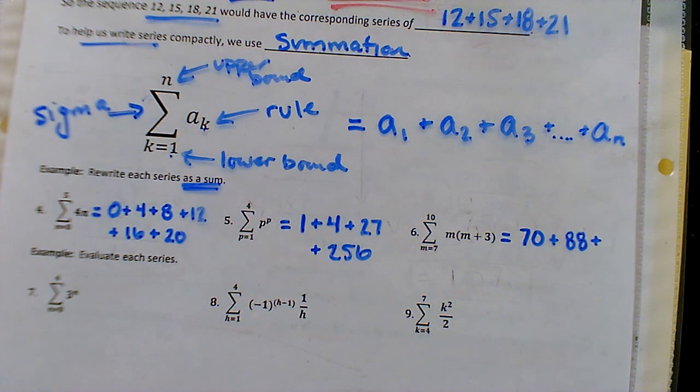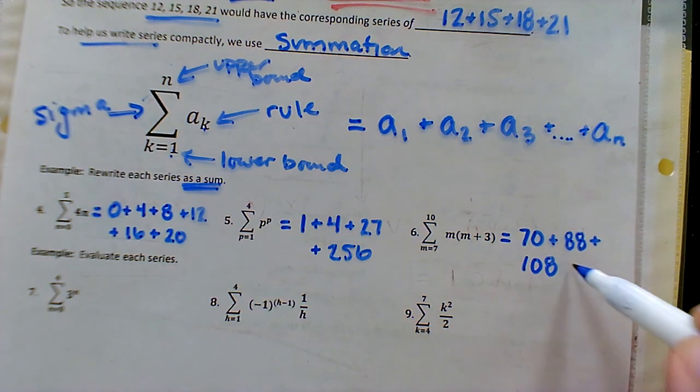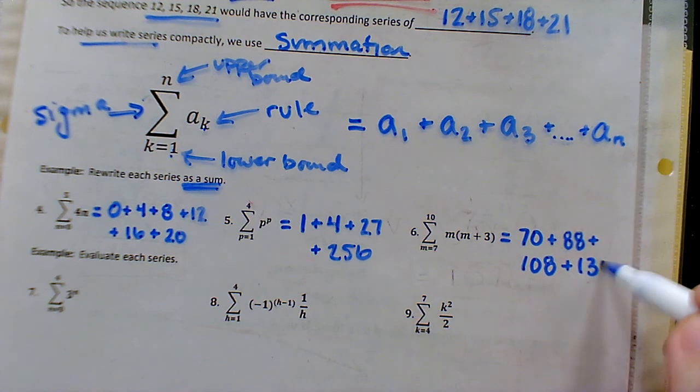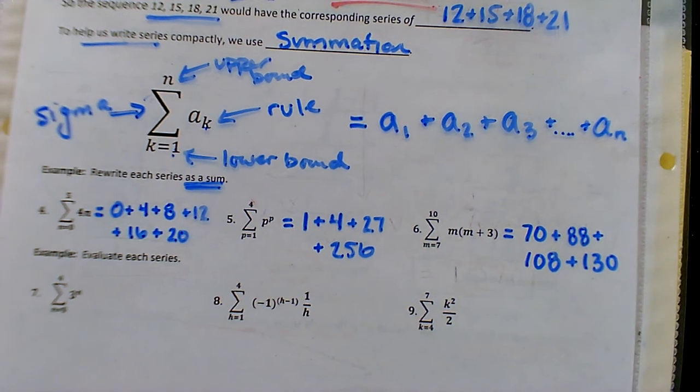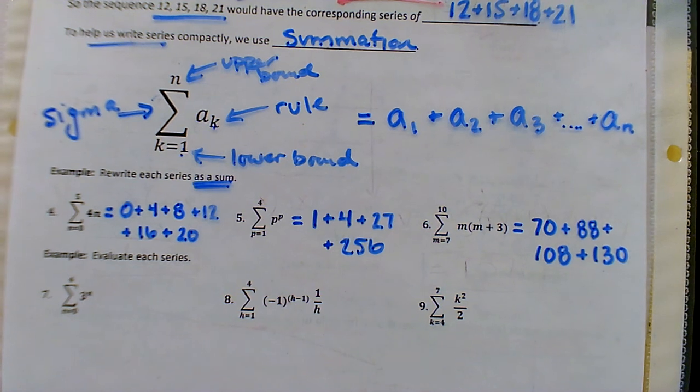Next would be 9 times 12, 108. And then the last one, 10 times 13. We have 130. Are we getting the hang of it?